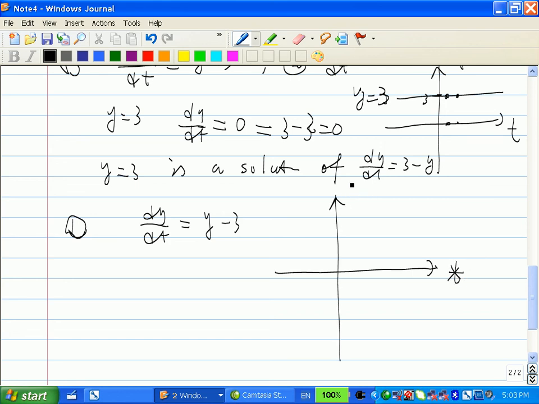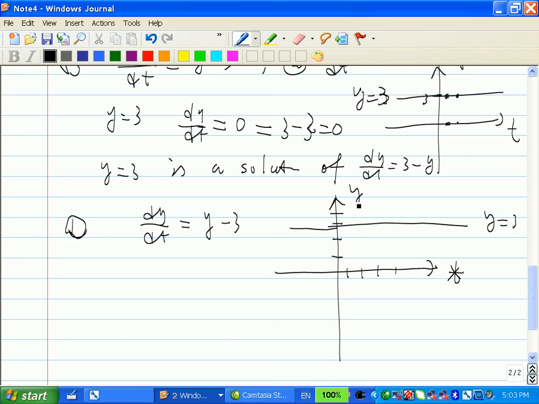We have t and y. This line is y equal to 3.